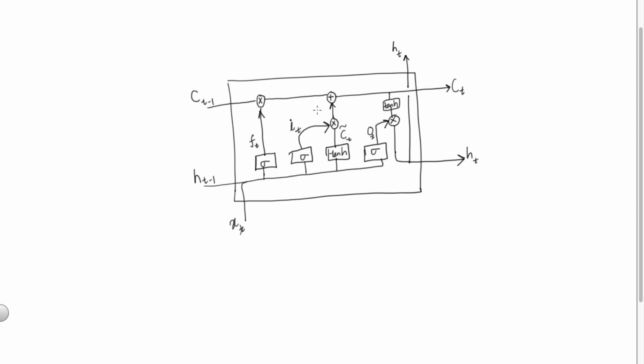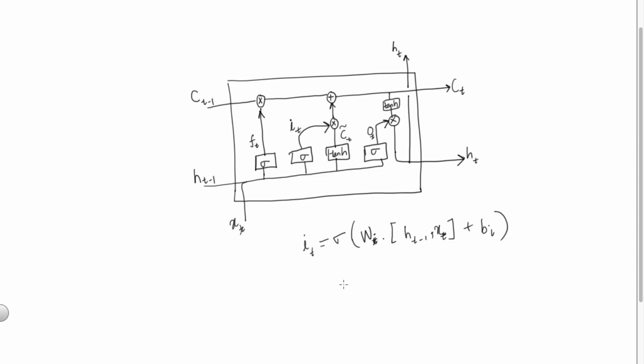So essentially we can write the relevant equations as: it equals sigmoid of wi multiplied by ht minus 1 comma xt, plus bi.